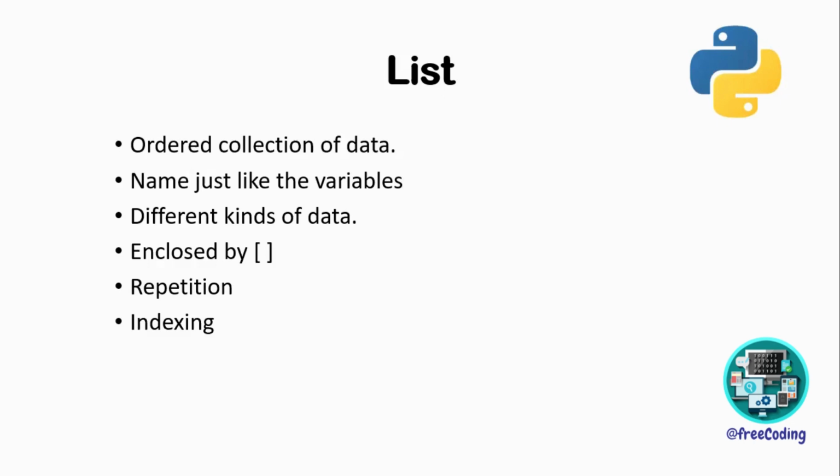And this is the major thing here, indexing, and the most common thing that most beginners would make a mistake on. Indexing is nothing but, say if you're storing a particular data, 10, under a variable called x equals 10, then whenever I want to access 10, I have to use the variable x. But here in list, I'm going to name the list as list1 and store multiple data under it.